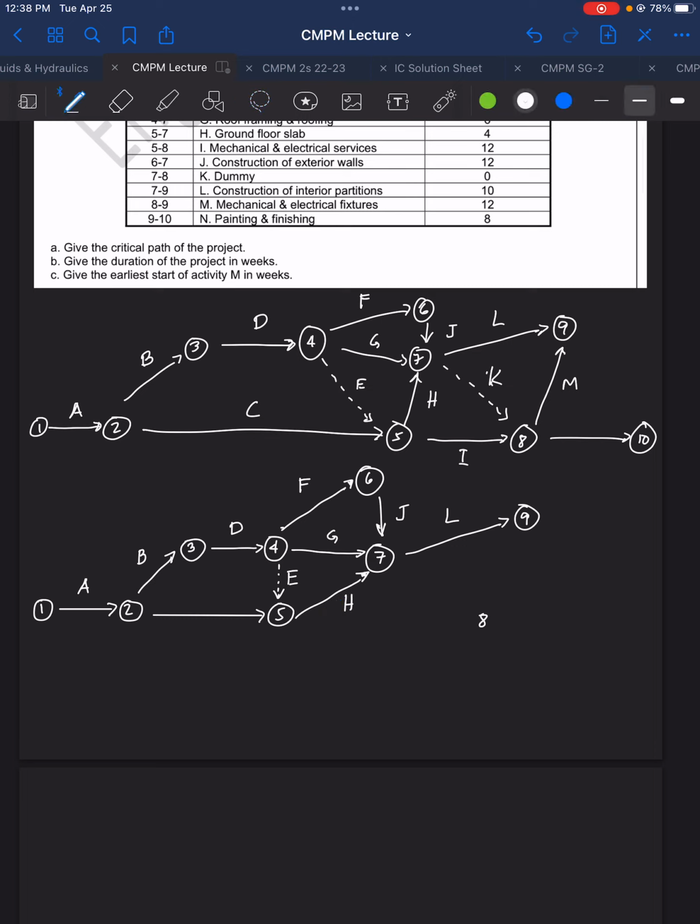Since this is now our 8, let's put here 5 to 8, 5 to 8 for I. Okay, and then we have 7 to 8, the dummy activity. Then we have 8 to 9 for M. And then finally, we have N.